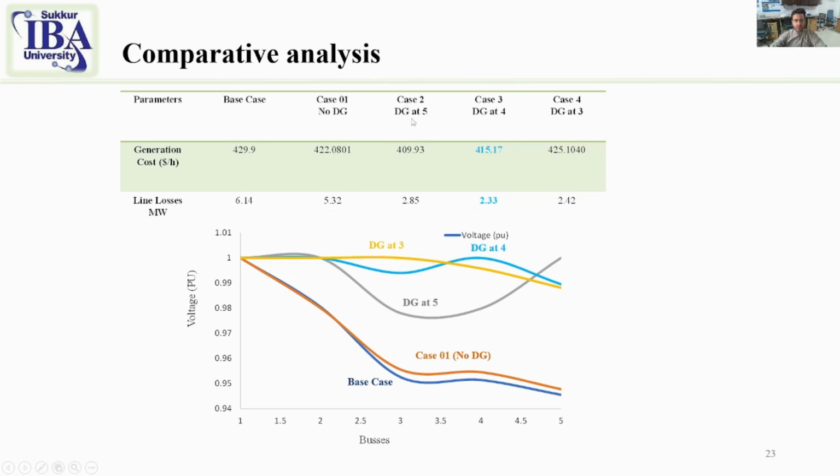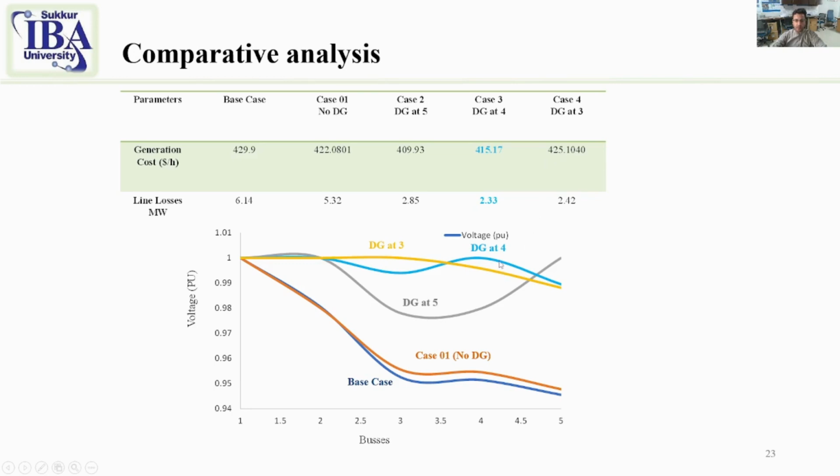Then again we put the DG on bus number 5. Then the loss is reduced to 2.8, and then another case, DG at bus number 4. The loss is reduced to 2.33, and then we put the DG at bus number 3. The cost is reduced, and also the voltages improve and the total line losses reduce.